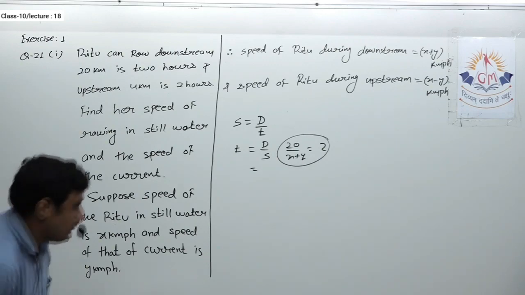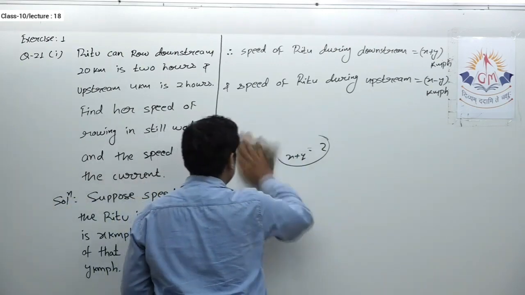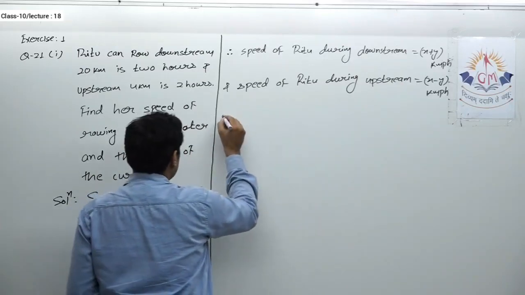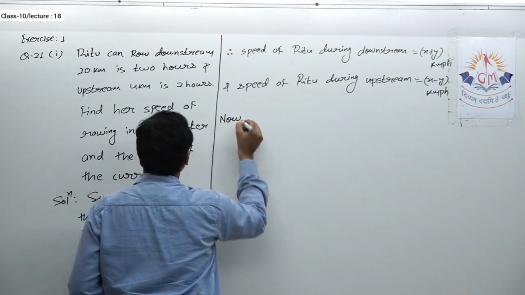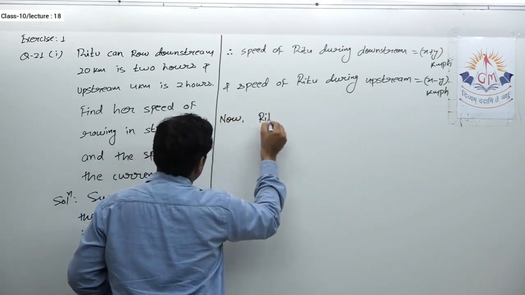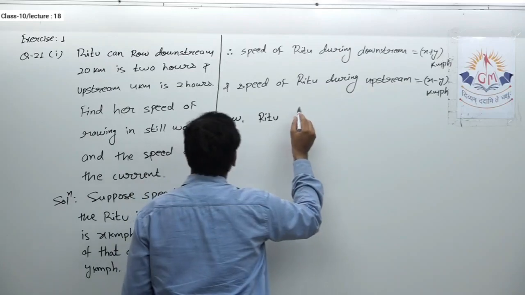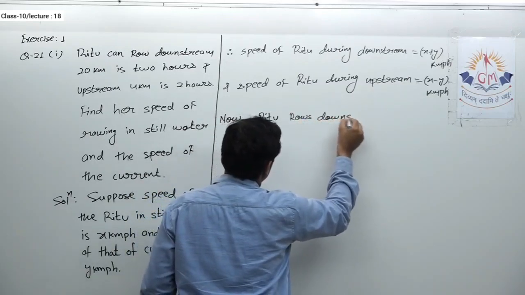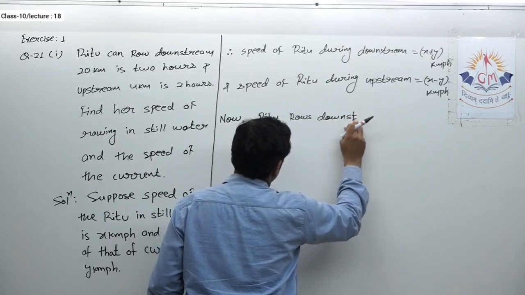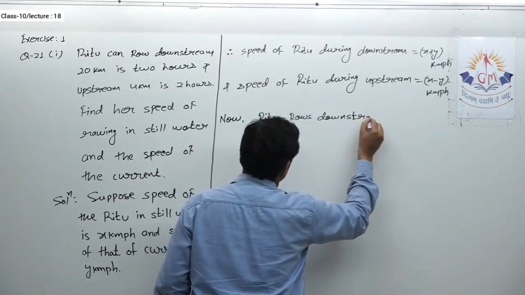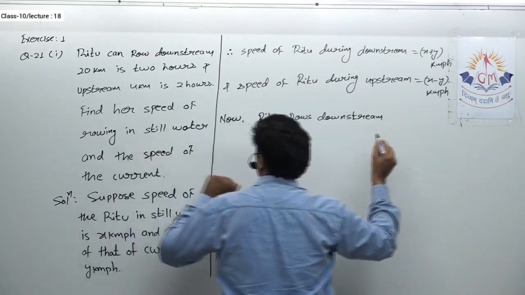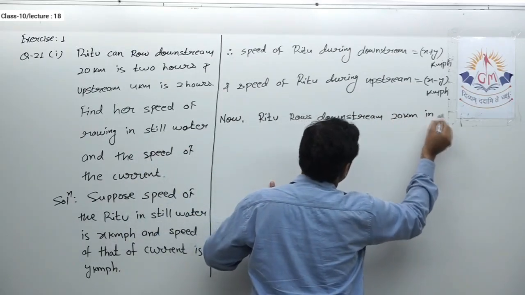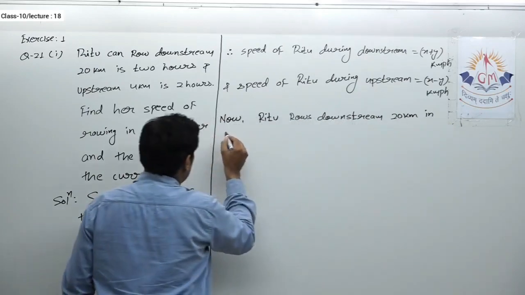Okay, so let me give you the detailed solution. Speeds are these. Now Ritu rowed downstream 20 kilometers in 2 hours.